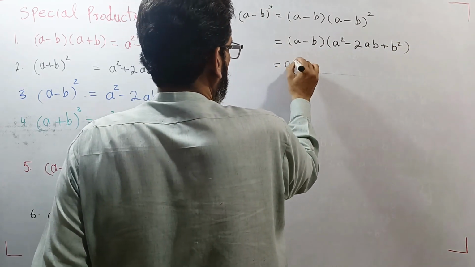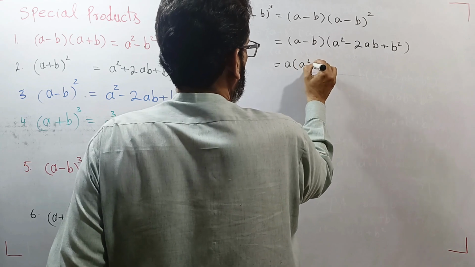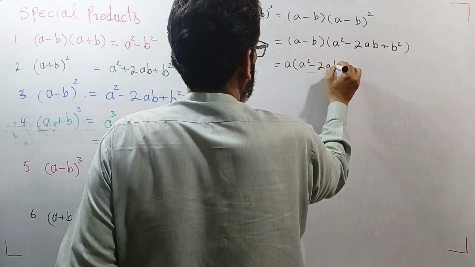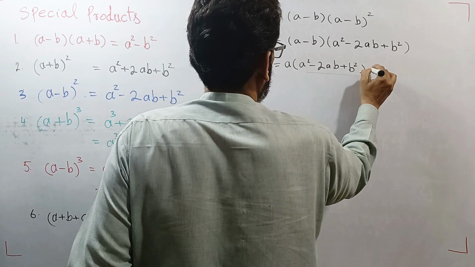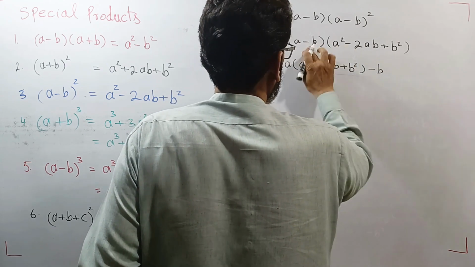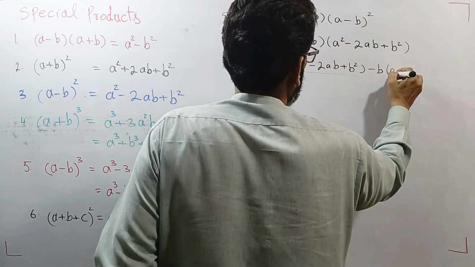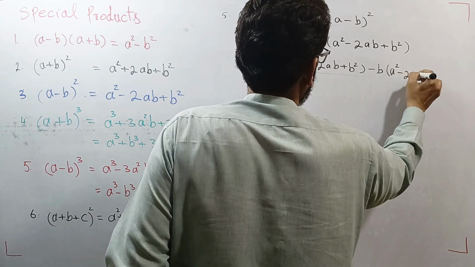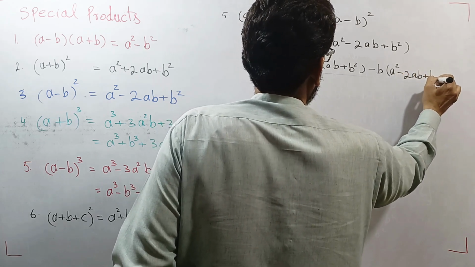Now we take a square minus 2ab plus b square. Here we write minus b, this term, into a square minus 2ab plus b square.